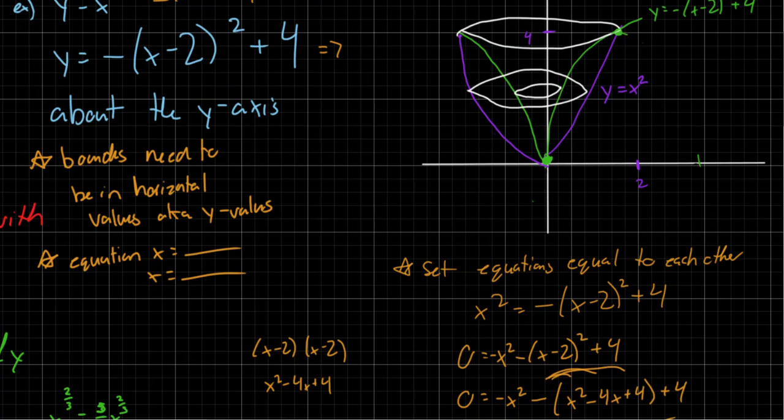Okay, homework. Switch these equations into y form, and then find the volume of the solid. Okay. I want you to know you can do like 99% of the problem without a calculator.